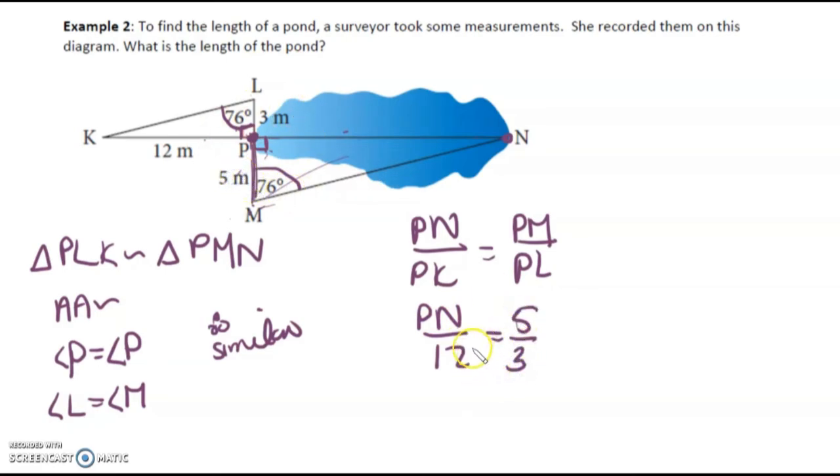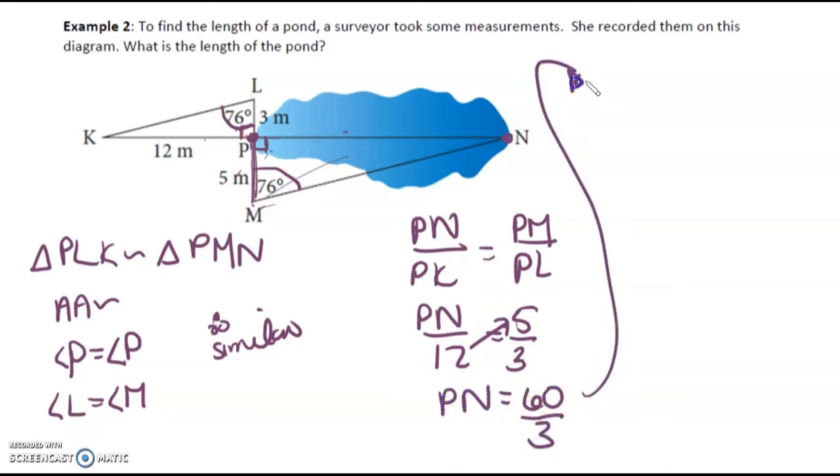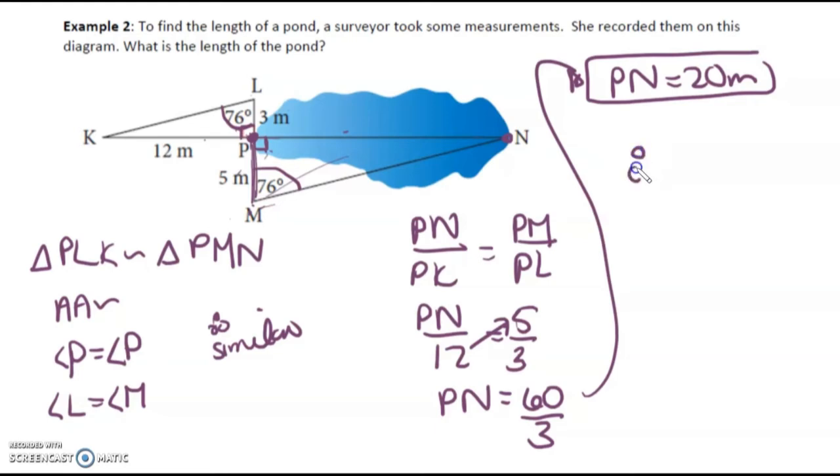So it's a 5-to-3 ratio. We cross multiply, we get PN equals 60 over 3. PN equals 20. This is measured in meters. And because this is a word problem, we say, therefore, the pond is 20 meters long.